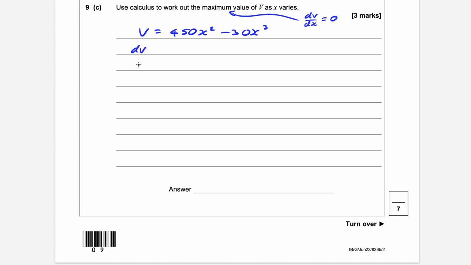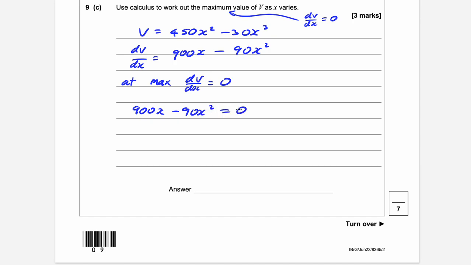So then we're going to get the derivative, dv dx is equal to, multiply by the power, 900x, subtract 1 from the power, multiply by this power is 90x, and then squared, subtract 1 from the power. So I'm going to say at a maximum, dv dx equals 0. So 900x minus 90x squared equals 0.